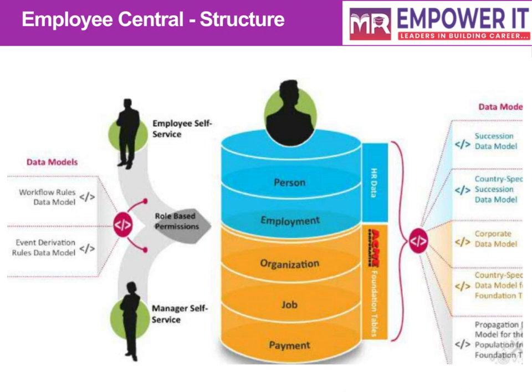The HR data structure, highlighted in blue, is classified into two categories: person related data and employment related data. In order to customize the foundation and HR structures, SuccessFactors came up with the data models concept.